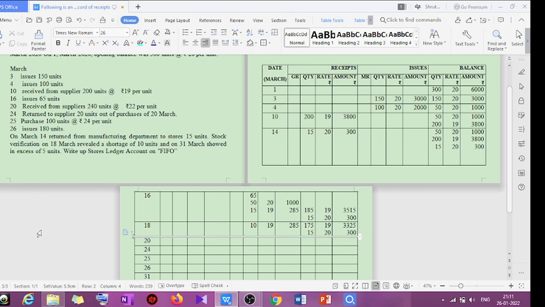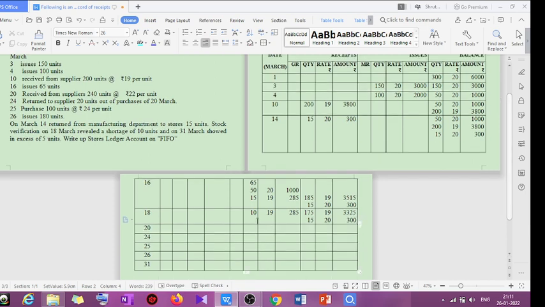Okay. Next, let us see on 20th, received from supplier. So we have received from the supplier 240 units at rupees 22 per unit. So write it under the receipt column. On 20th, 240, rate is 22, amount will be 5,280.